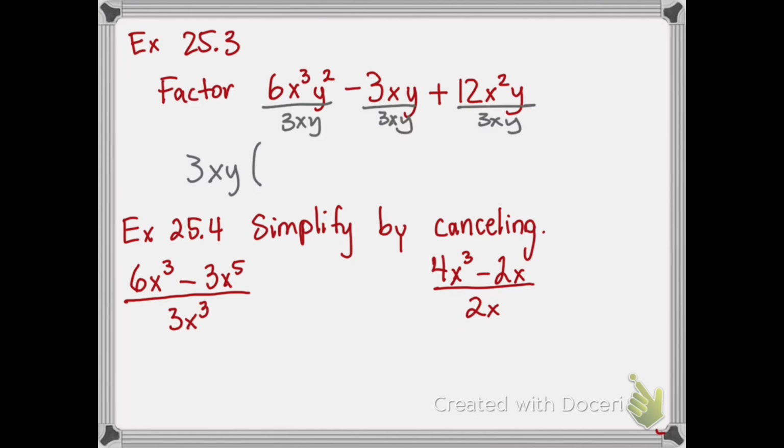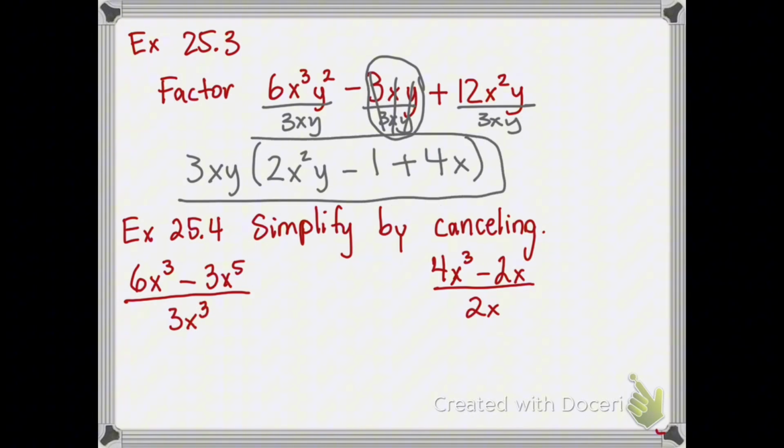And again, when we divide, we get 2x2y minus 1. Notice that in this case, everything cancels, but you have to write the 1, plus 4x. If you did your exercise well, then you should not have anything here that is common for all 3 terms.